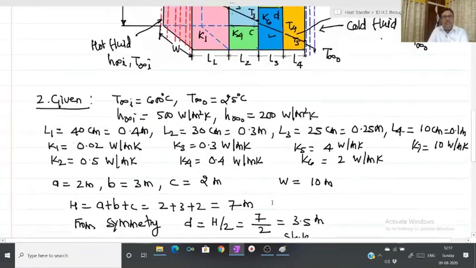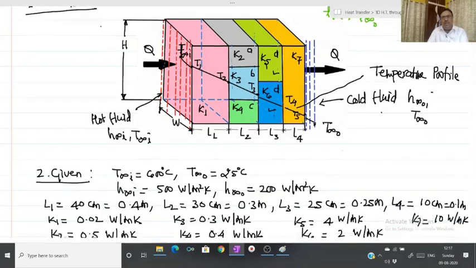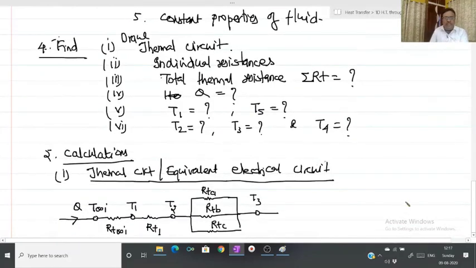Likewise, the third slab is made up of two different materials. So they are again going to offer individual thermal resistances, and their effect will be taken into account by assuming them connected in parallel. So between T3 and T4, there will be two thermal resistances.